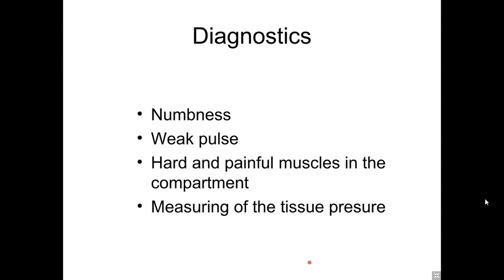If the pressure increases to more than 30 millimeters, probably there is a compartment syndrome, and after this 30 millimeters, it will rapidly grow and the perfusion will be discontinued completely. That's why 30 millimeters is borderline, and it's time for the decision for fasciotomy.